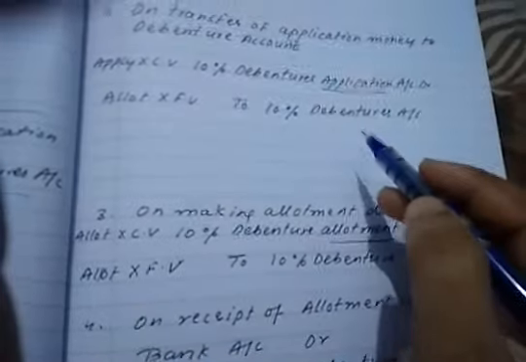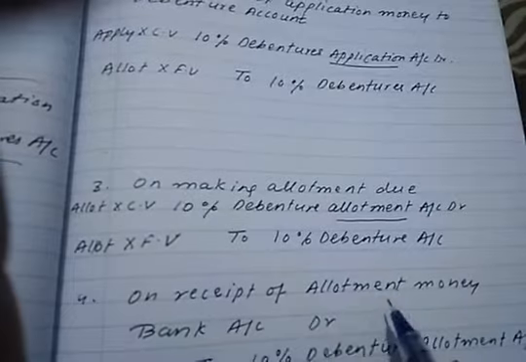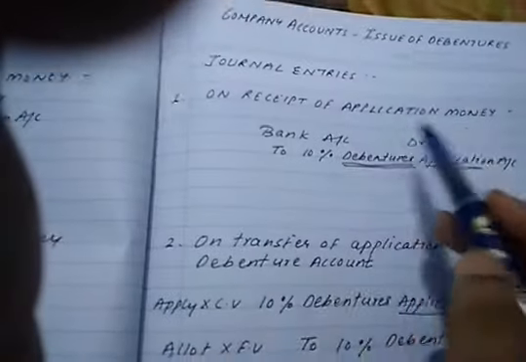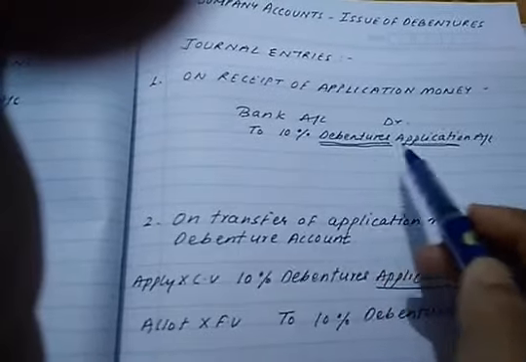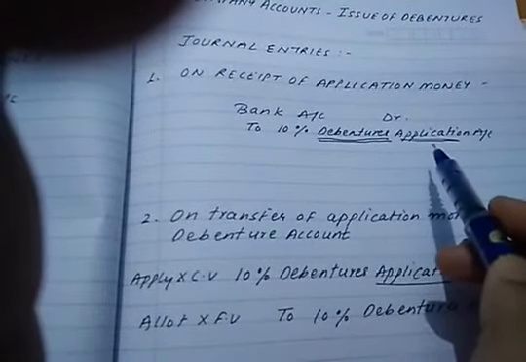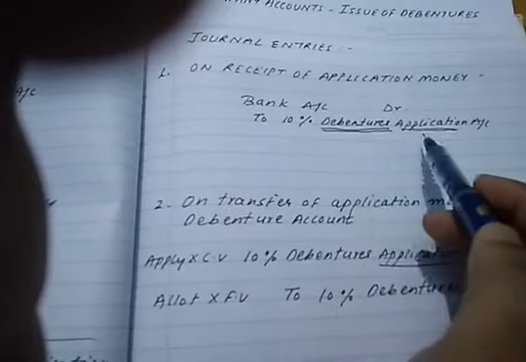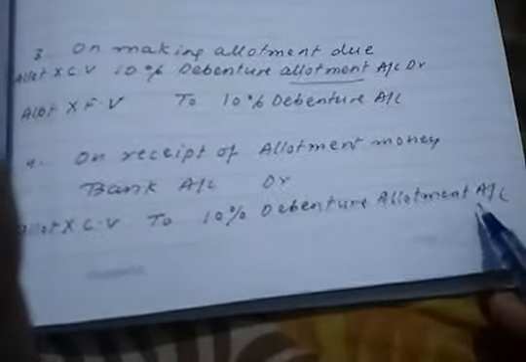Now when you need to receive the amount of allotment, see, when we received the application money, we wrote bank account debit to 10% debenture application. In place of application, you need to write allotment: bank account debit to 10% debenture allotment account.